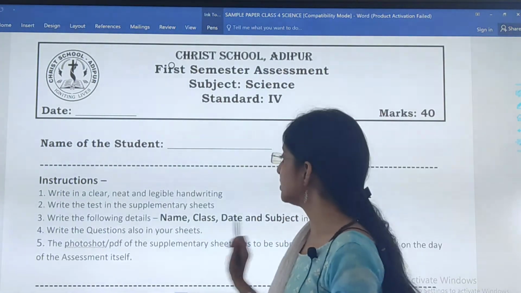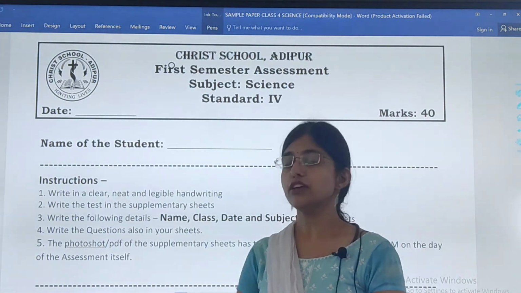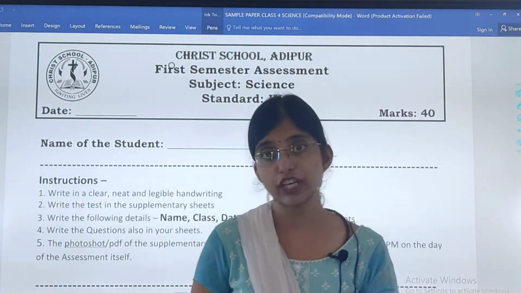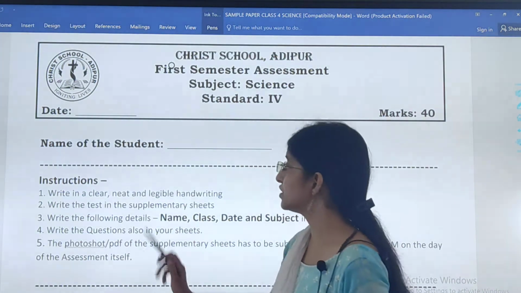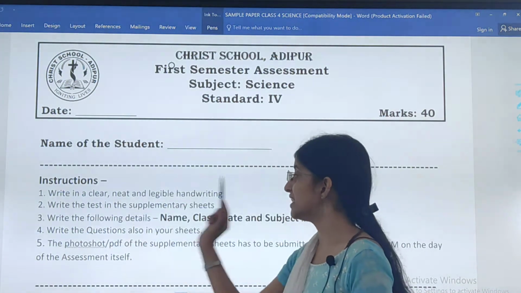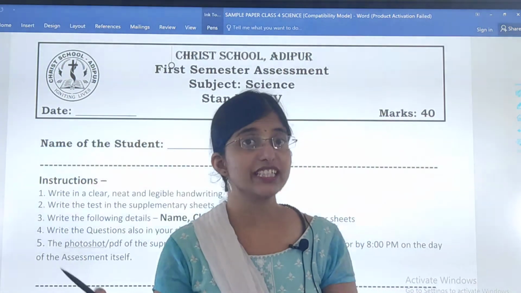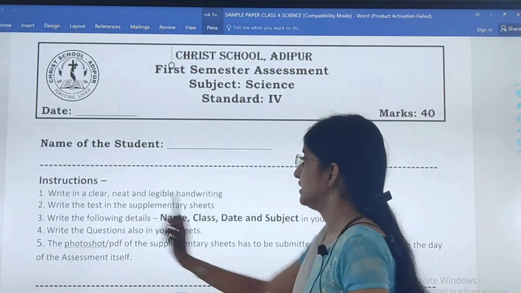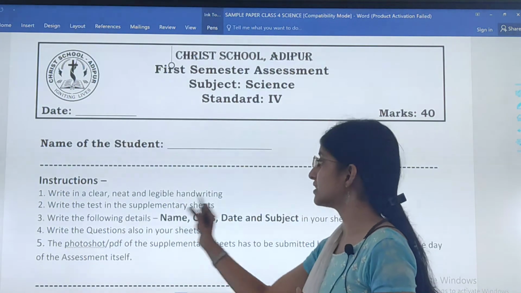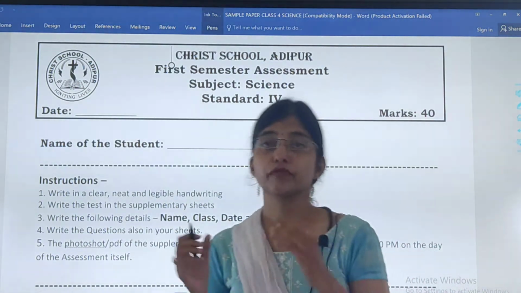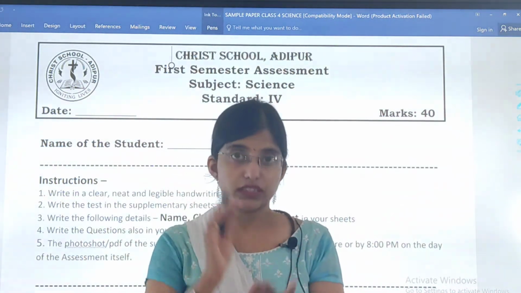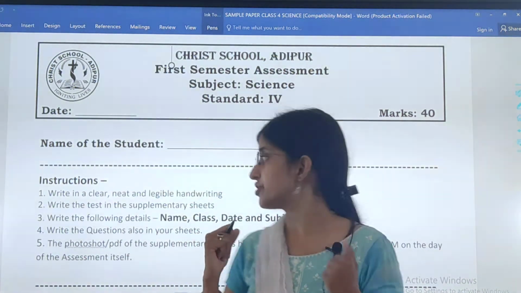Now children, before seeing the sample paper, let's see what the guidelines and instructions are for you. The first one: write in clear, neat and legible handwriting. Your answer paper should be very neat and clean. Second, write the test in the supplementary sheets. You will have to write the answers in supplementary sheets.